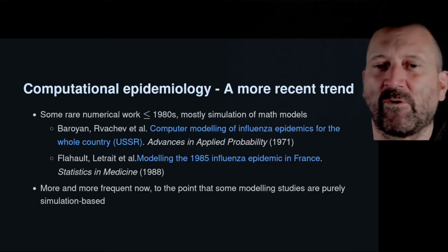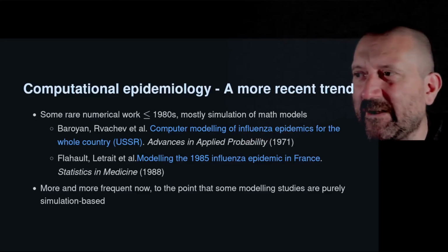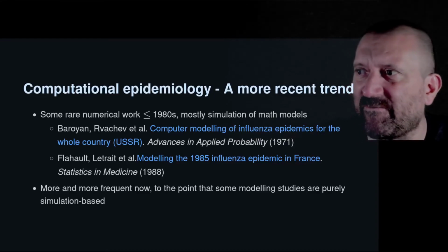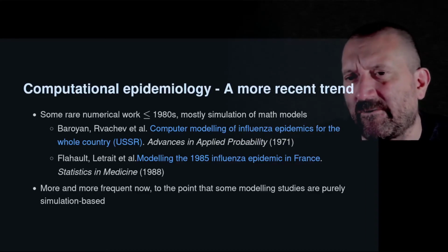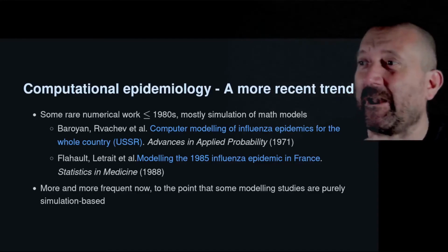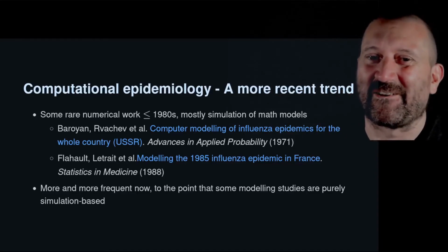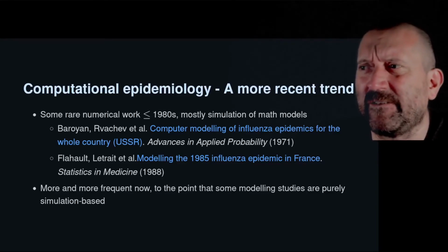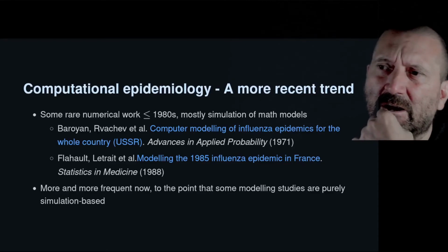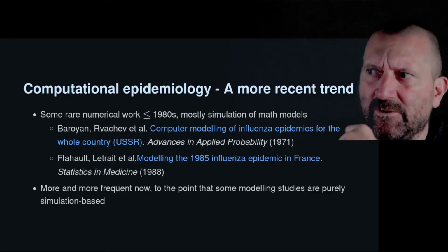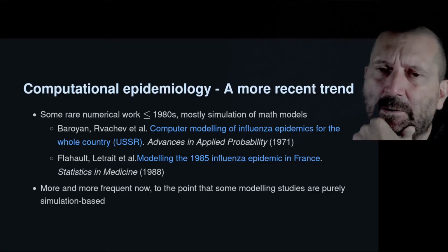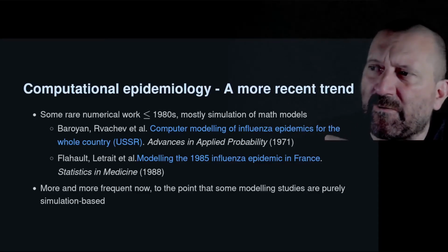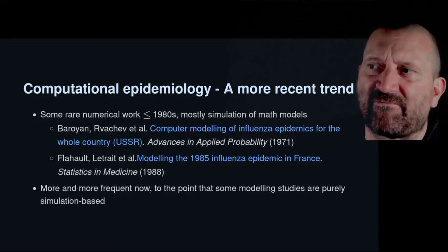There's a paper, for example, of Flahault in '85 about modeling the spread of epidemics in France, which was really numerical. I should point out there's also a paper of Dietz, and I might edit these slides a little bit, in the late 60s or early 70s on malaria, which is a very good computational math paper.